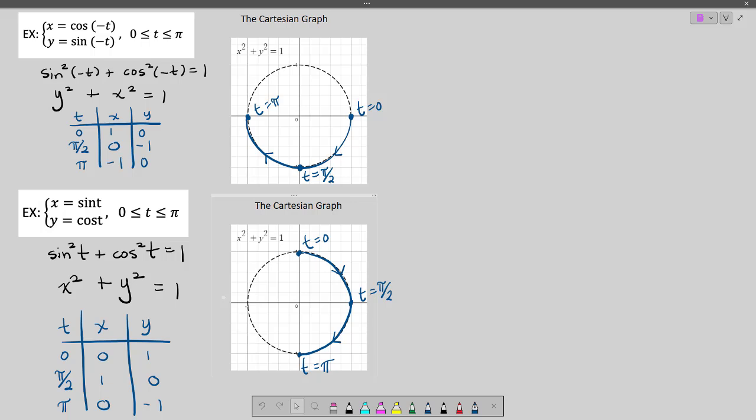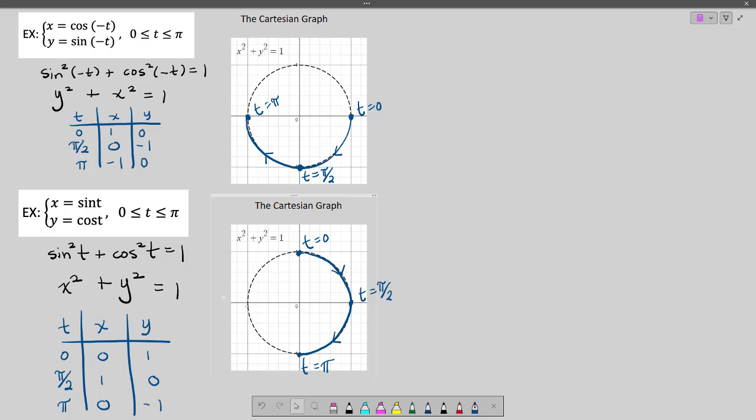And also, for this one, again, the t-value does have a geometric interpretation. We see that that t-value is in fact representing angle, but now it's representing a clockwise rotation from the North Pole, from the positive y-axis. That's going to be the geometric interpretation of that parameter.